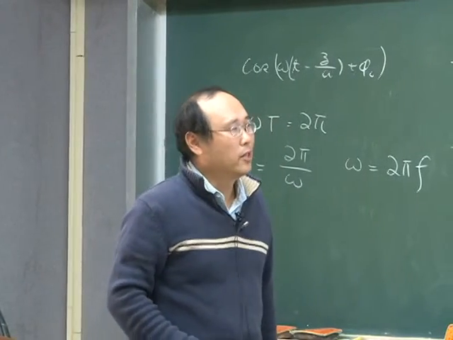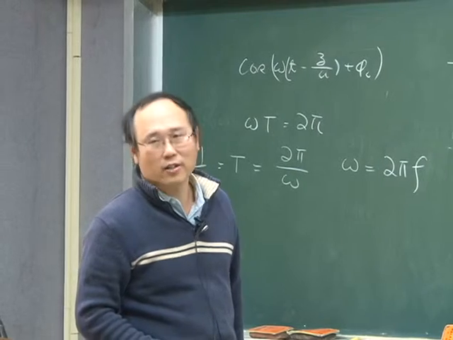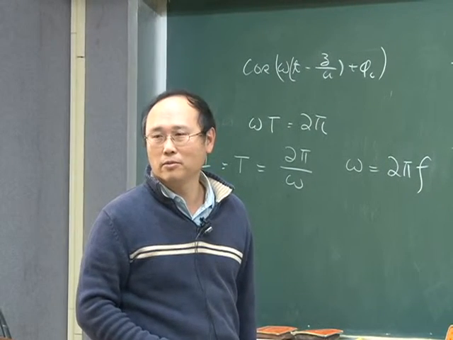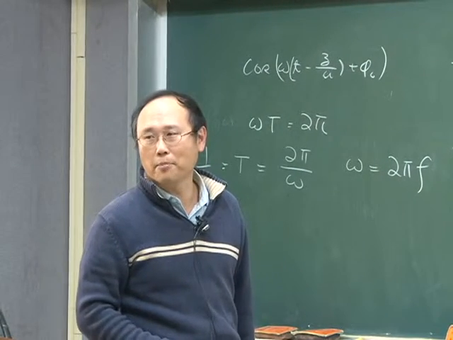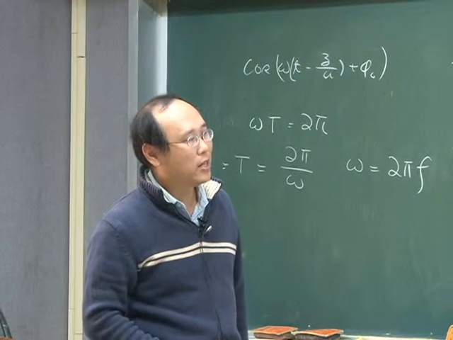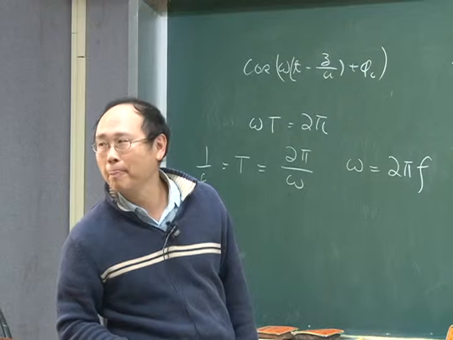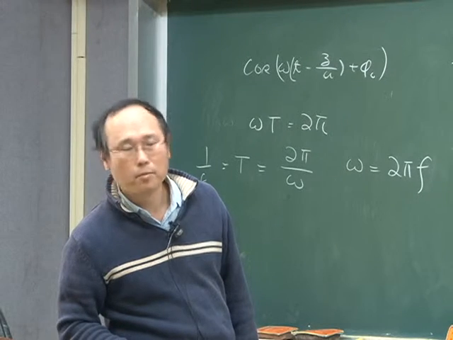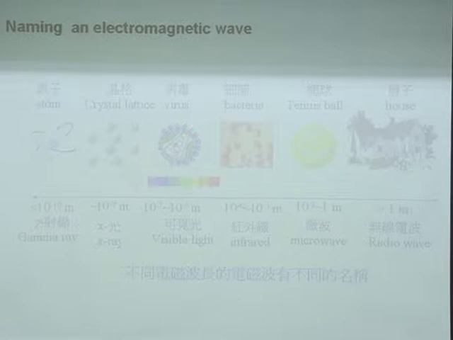For example, if your wavelength is very big, comparable to the dimension of a house, a few meters, then we call it radio wave. 不同的波长，我们给它这个波呢不同的称呼。For example, if you have an electromagnetic wave having a wavelength on the order of a small ball, like a tennis ball, then we call it microwave.